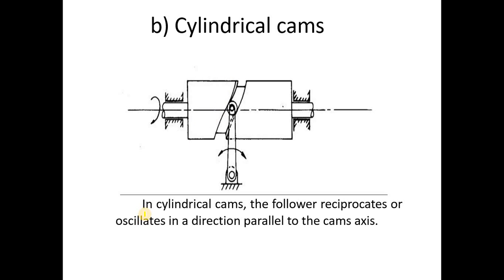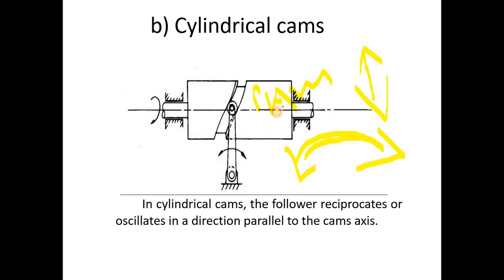In the case of cylindrical cams, the follower reciprocates or oscillates. Look at this, it will either reciprocate or oscillate. Here you can see the oscillating follower. This is the cylindrical cam, and this is the follower, what we call an oscillating follower.